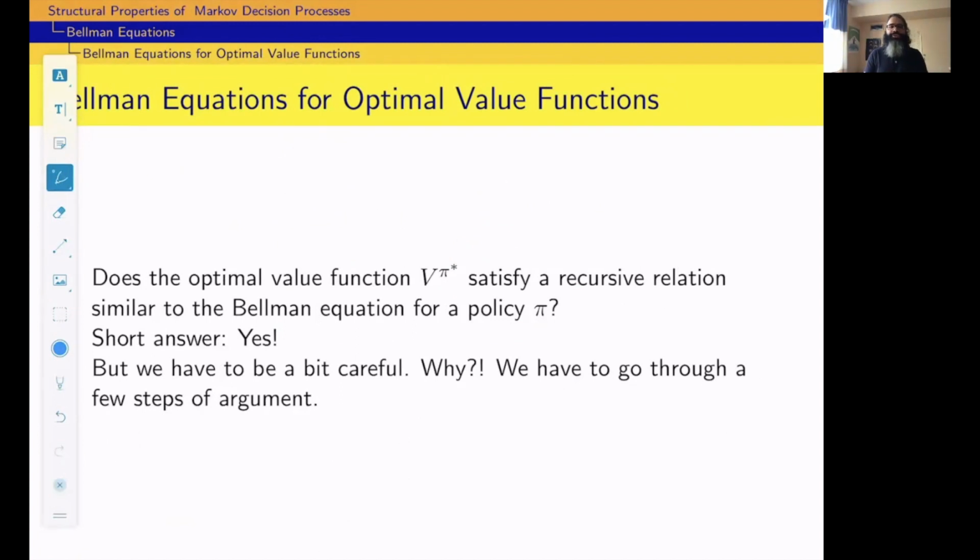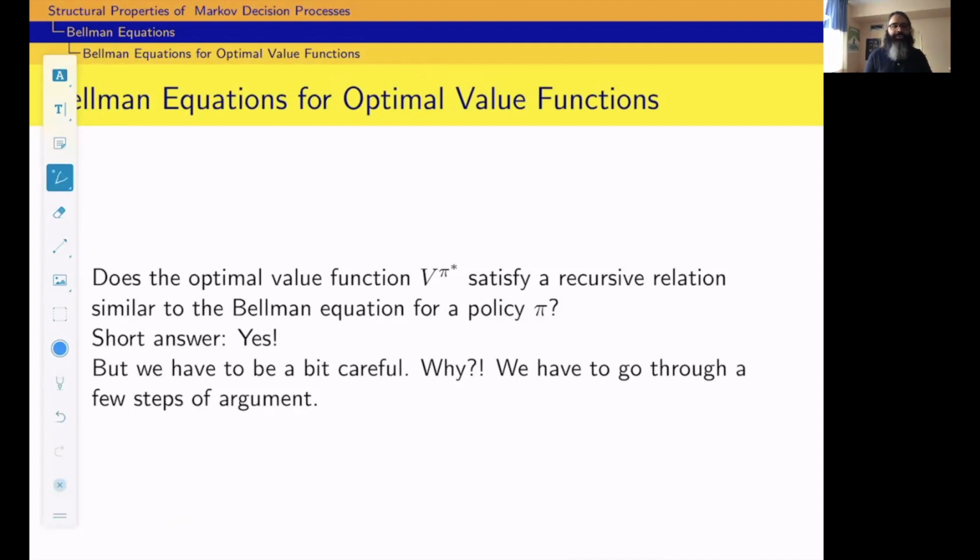It's a bit trickier compared to having the Bellman equation for a fixed policy. In most cases, people ignore these details and just say this is the Bellman equation for the optimal value function.